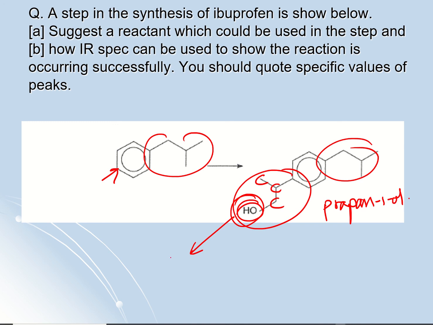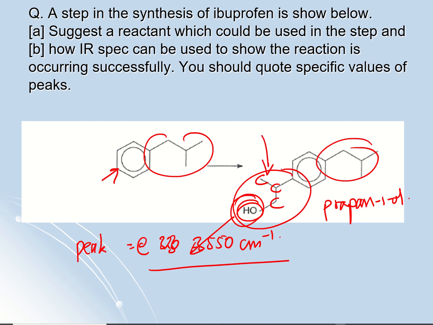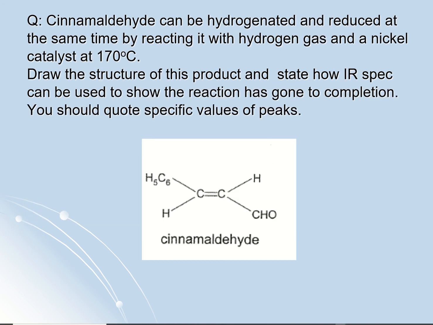So if it's been successful, you now have a peak present at 3230 to 3550 wave number, because you now have an alcohol group. Nothing else in the molecule will change, and there are no other functional groups in this region that you've added on.